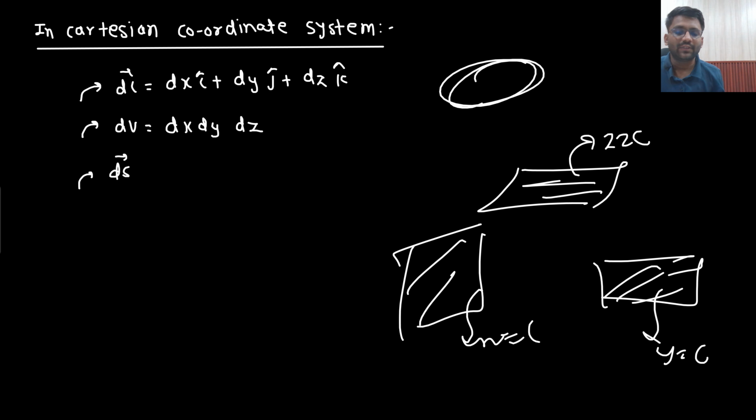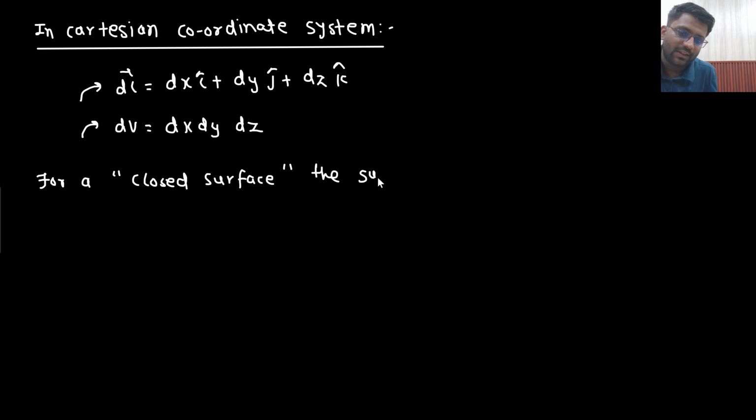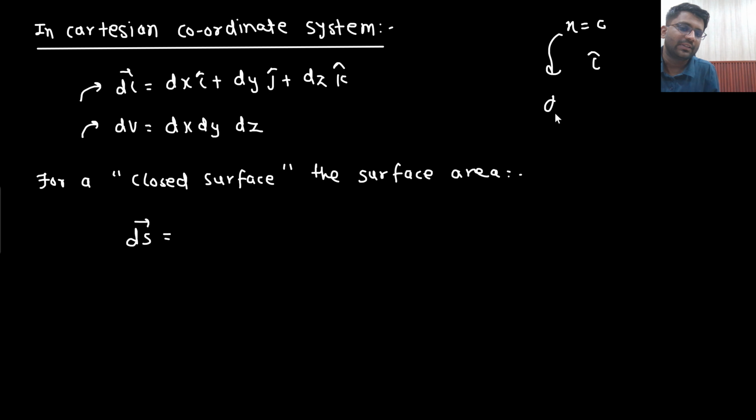But the point is, if there is a closed surface, a very, very important thing, for a closed surface the small surface area in the Cartesian coordinate system could be written in this way. That would be in the i cap direction. If I need to write it in the i cap direction, that means x equals to constant has to be my surface. So here, what will be my surface area?